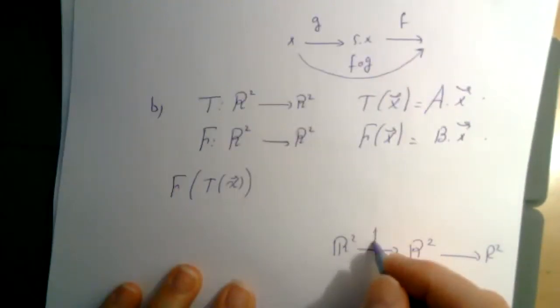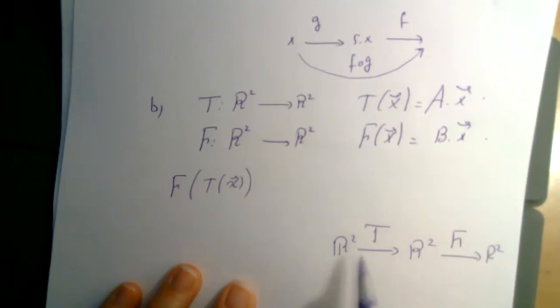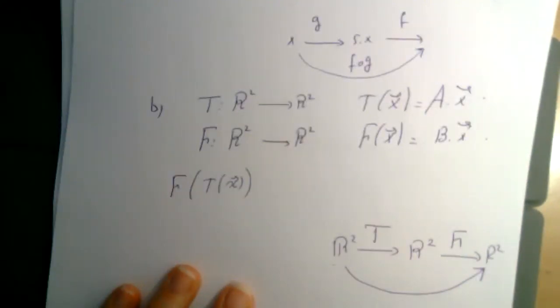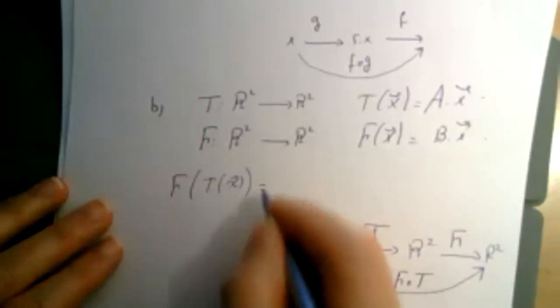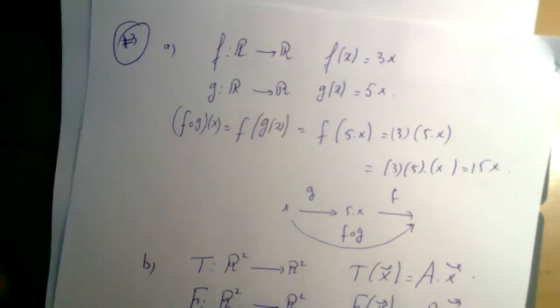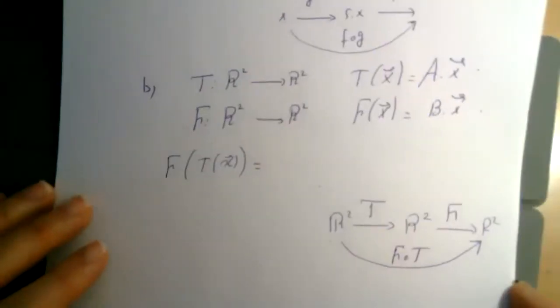I have T and F. T takes a vector x to something, and F takes a vector to something. I'm looking at the transformation from here to here, and I'm asking what the rule for this transformation is. I gave the first example because this is really the same, but in a more general context.